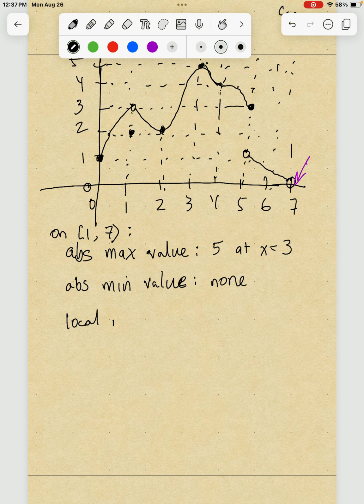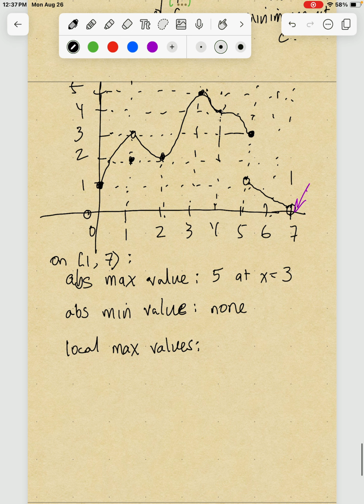Okay, local maximum value. What are the local maximum values? Well, let's look at, we have this value here, right?